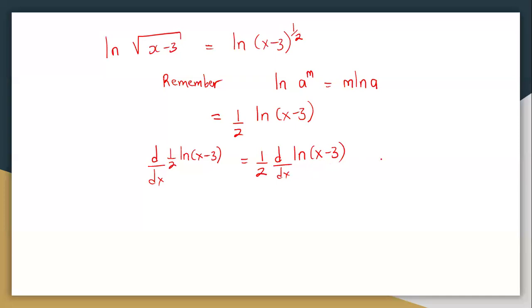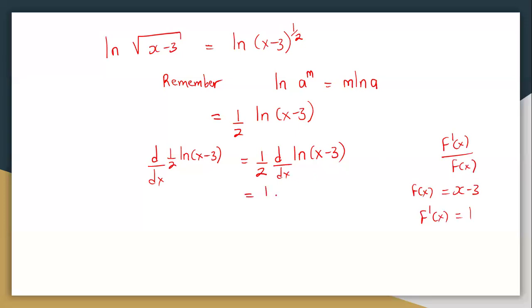And now when I am differentiating, I can use the principle that it will be f prime of x over f of x. But what is our f of x? Our f of x is x minus 3, so f prime of x is equal to 1.